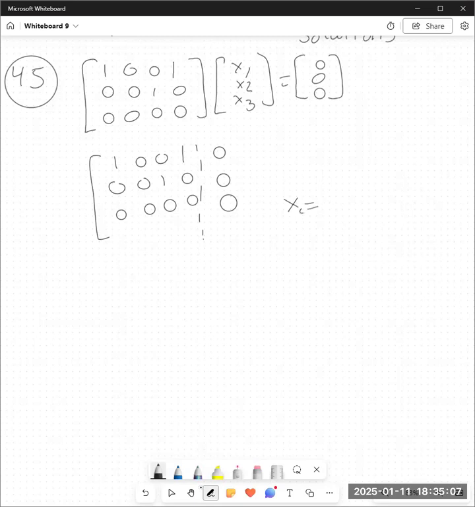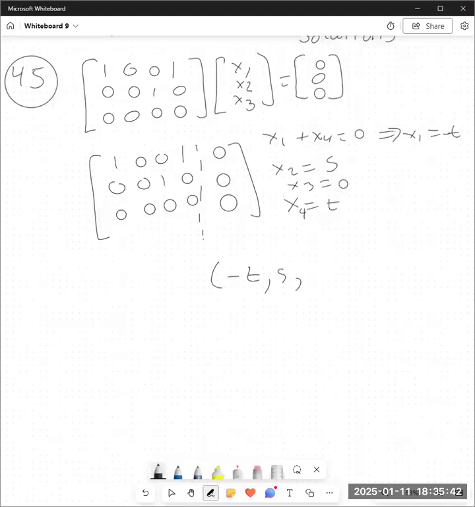So x4 is t, x2 is s, and so we have x1 plus x4 equals 0, which means x1 is equal to negative t, and x3 is given to us as being 0, since there's that equation x3 equals 0. So I have negative t, s, 0, t for my n-tuple there.